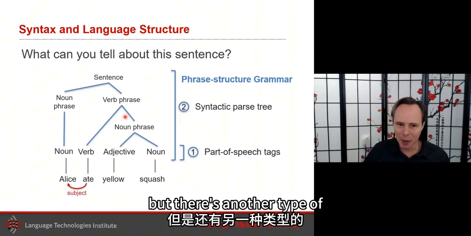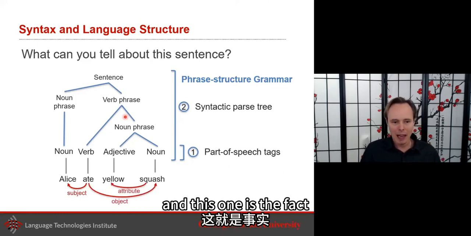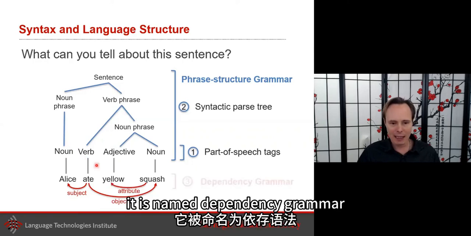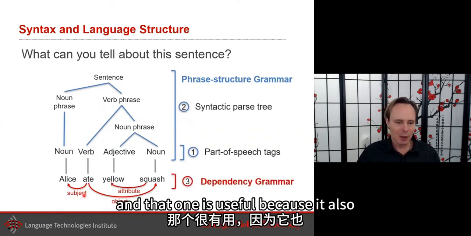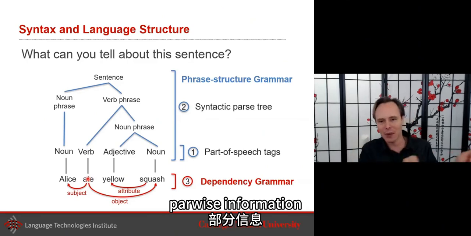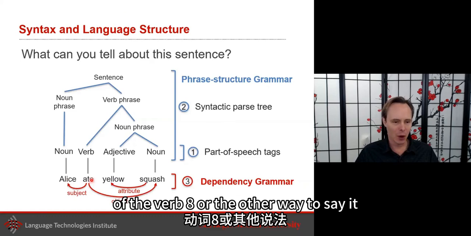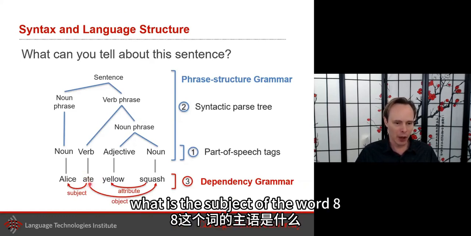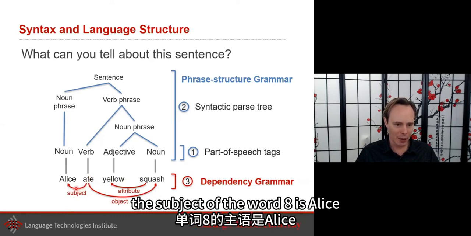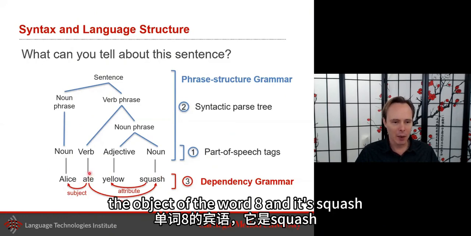But there's another type of syntax structure that is really useful, and this one is named dependency grammar. That one is useful because it suddenly gives you pairwise information. In this case, Alice is the subject of the verb ate. Or the other way to say it: what is the subject of the word ate? The subject of the word ate is Alice. What is the object of the word ate?